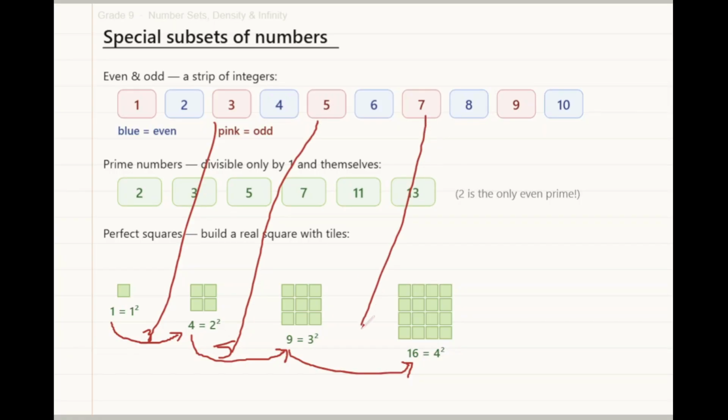If you add the next odd number 7 to 9, you will get the next perfect square, which is 16. Also, this is visible from the pictures here. If you add 3 more tiles, you get 4. Here you add 5 more tiles, and here you add 7 more tiles to get the next perfect square. I hope this is clear.